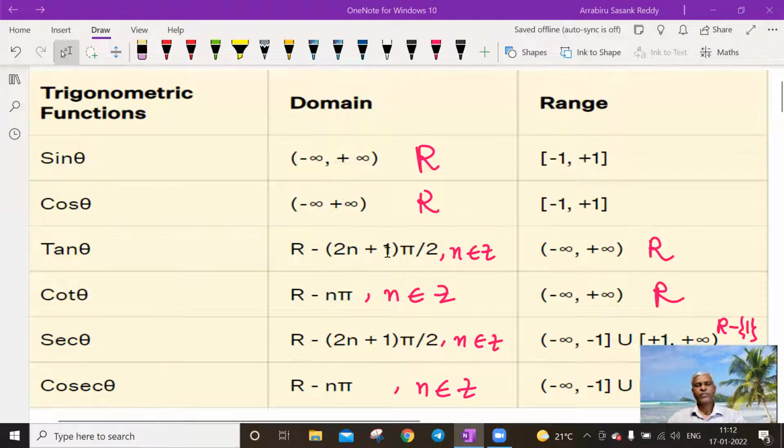N equal to 2, it becomes 5. So for odd number multiples of 90, the tan is not defined. So the domain is R minus (2n plus 1) pi by 2. And the range is set of real numbers, -infinity to +infinity.